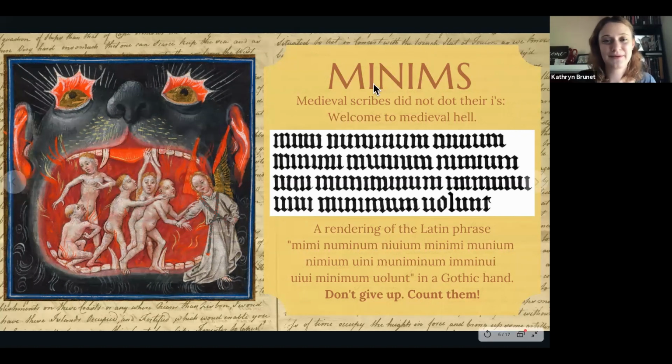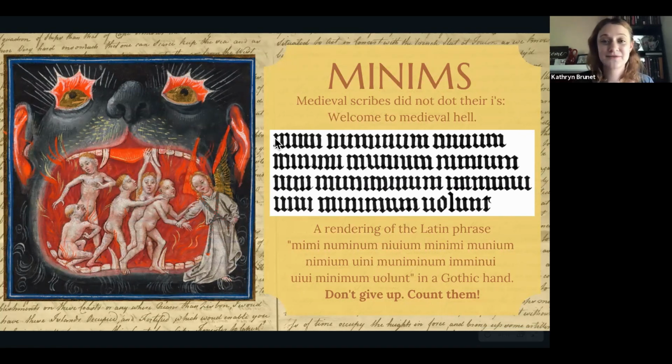So take, for example, this first word on the PowerPoint. It is Mimi, M-I-M-I. But if you look at the minims, it could also be a word full of U's and I's and N's, depending on the order you see them. Getting this stuff takes a lot of time, and eventually you do need to know Latin really well to be able to transcribe things like this. So don't sweat the minims for now.